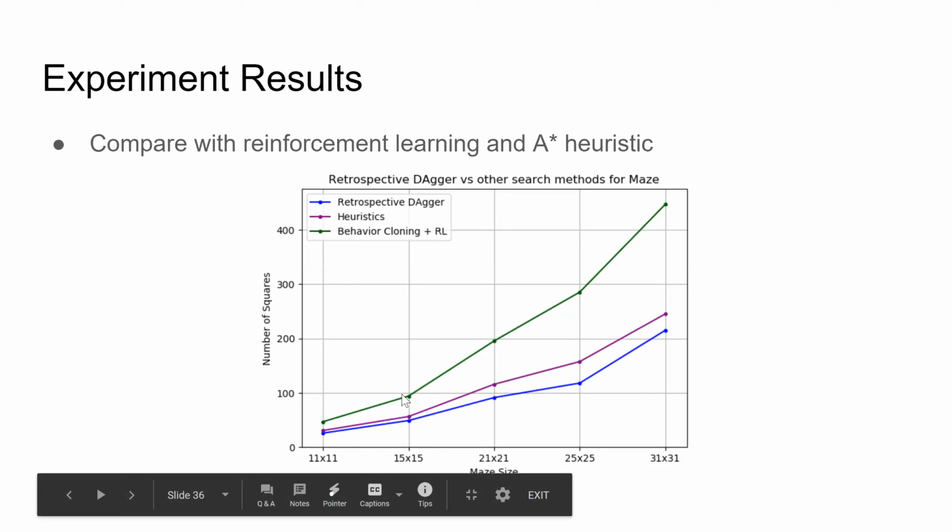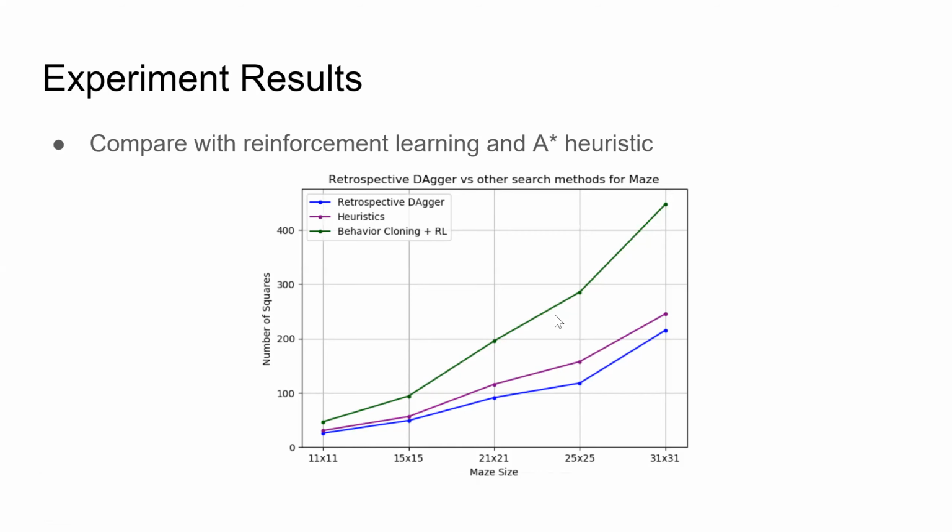By the way, we also include RL, which, as you can see, performs much worse. This demonstrates the long search horizon and sparse reward problem, because I need to generate a potentially large tree in order to locate where the exit is. So RL is very ineffective in this domain.